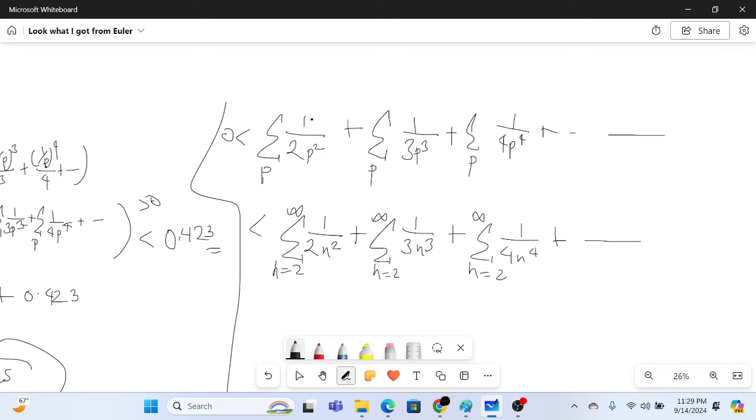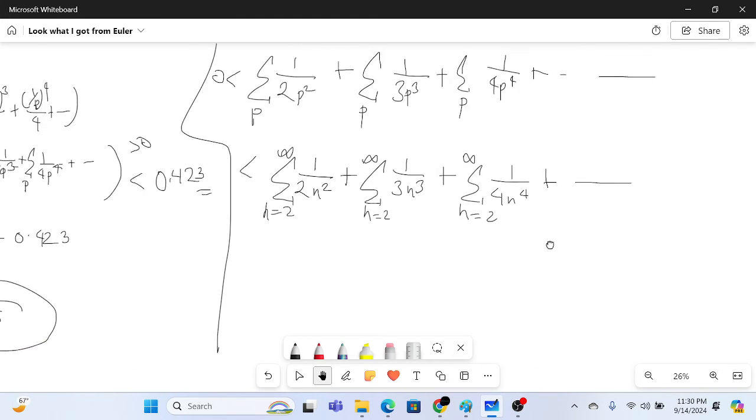Yeah, I think you see why this should be lesser than this one, because over here a few terms of the sum below are not there, because maybe over here we have n as 3, n as 4, n as 6. Those terms aren't there in this prime sum, right? So that's why this will be slightly lesser than this one. Now we'll see that this has the sum of 0.423.